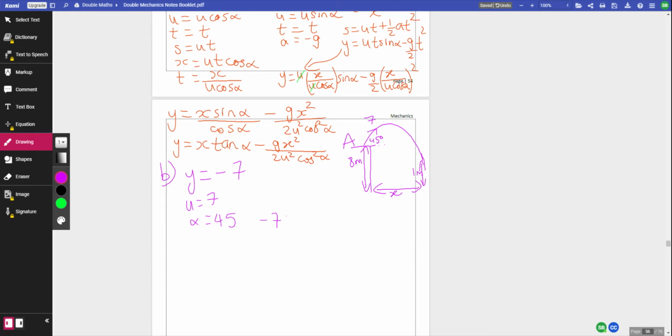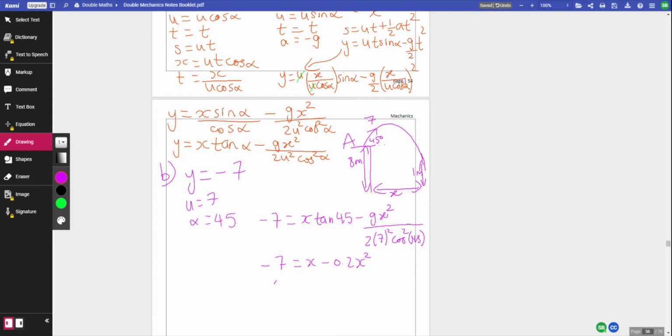So -7 equals x tan 45 minus gx squared over 2 times 7 squared times cos squared 45 degrees. If we simplify all of that down, that becomes -7 equals x minus 0.2x squared.